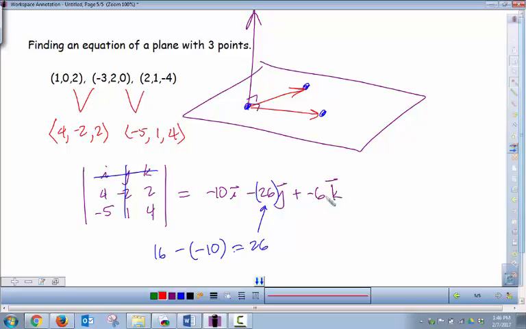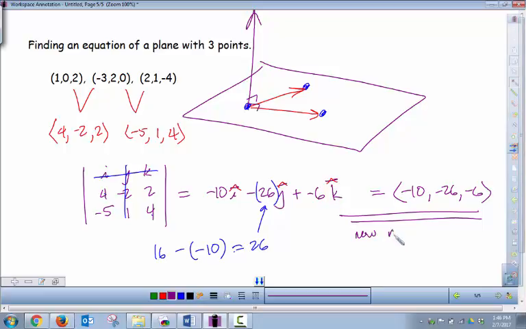The i, j, k can be written with a hat if you want, because they're all unit vectors. Or you can just rewrite this whole thing as negative 10, negative 26, negative 6. Or you can modify the new normal by taking out a negative 2.